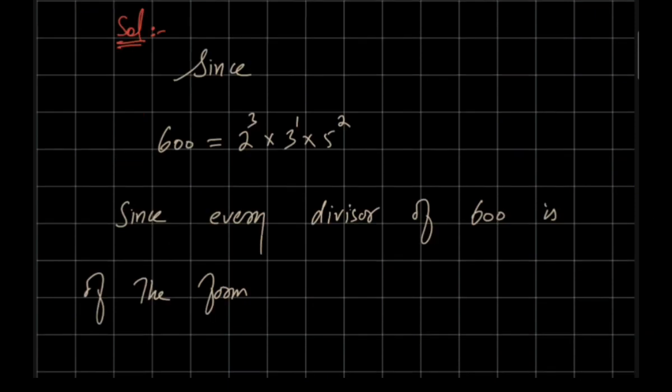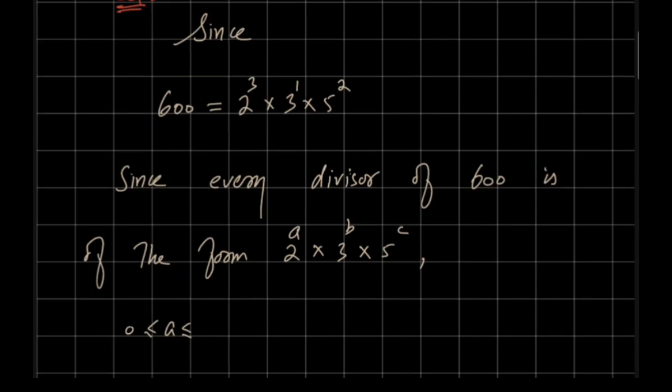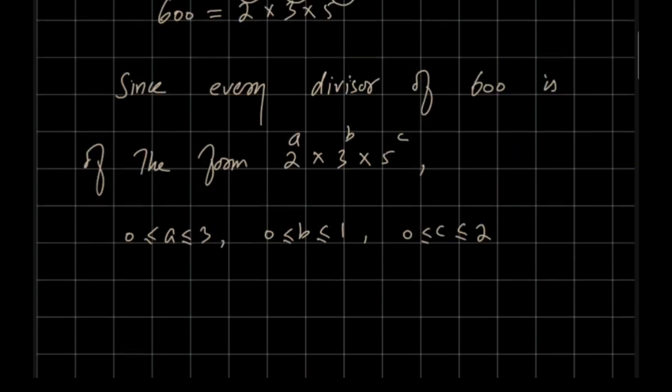Since every divisor of 600 is of the form 2 to the power a times 3 to the power b times 5 to the power c, where a can be 0, 1, 2 or 3. Similarly, b can be 0 or 1. c can be 0, 1 or 2, because the maximum power of 2 is 3 here, the maximum power of 3 is 1 here, and the maximum power of 5 is 2 here.